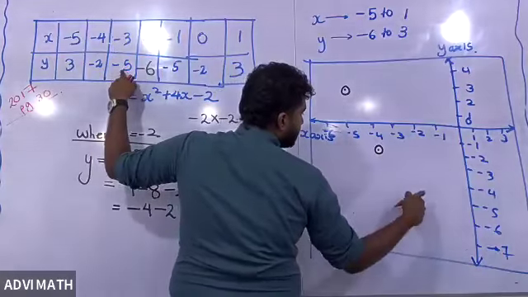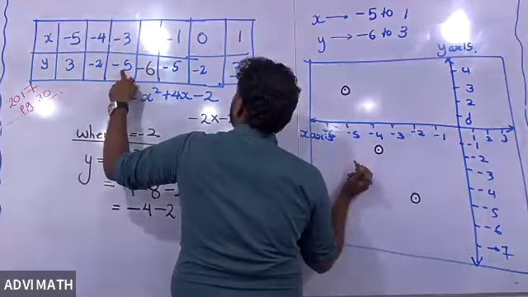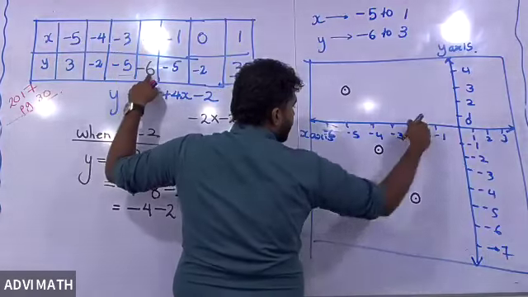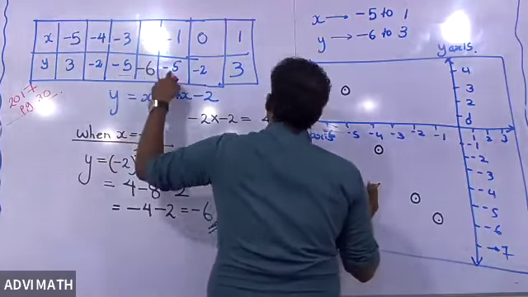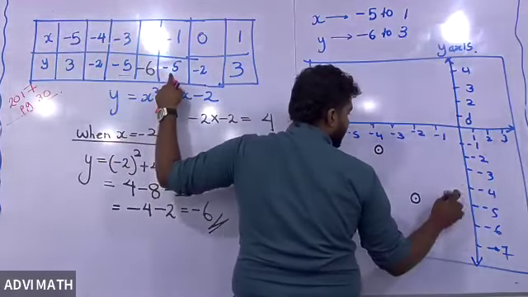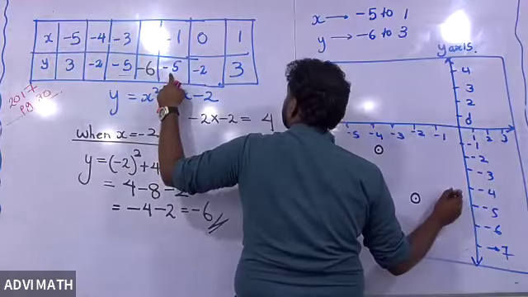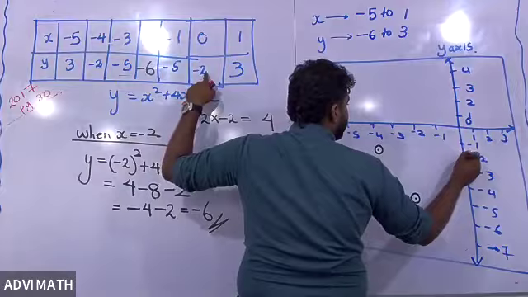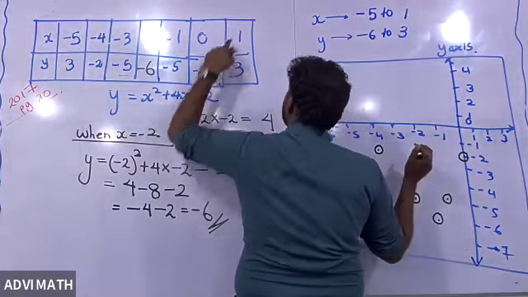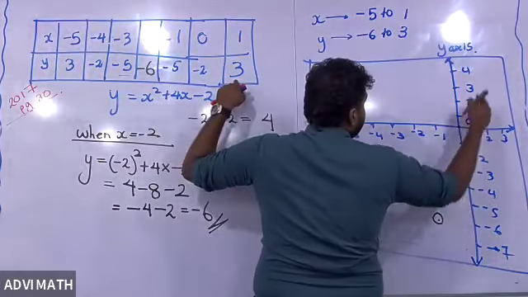It is here. Put a dot, circle it. -2, -6. Put a dot, circle it. -1, -5. Put a dot, circle it. 0, 2. 0 in the sense I don't move anywhere. 2 is here. 1, 3. 1 and 3.